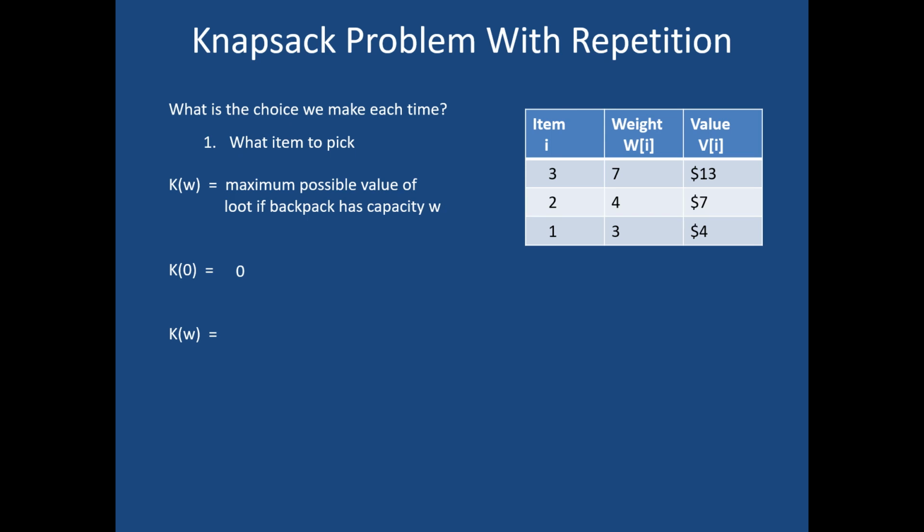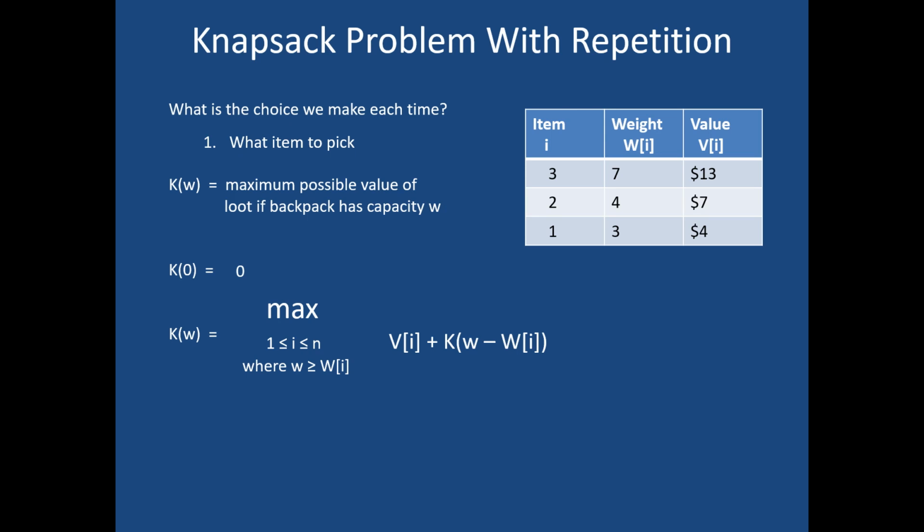So what he said, well, that's right to a point. Let me just show you what the slide says. So what Prince said was, if you choose item I, then the best you can end up with is the value of item I, plus the best you can do with what's left in your knapsack, W minus the weight of item I. What he didn't say is what's I, and the answer is you try all possible I's.